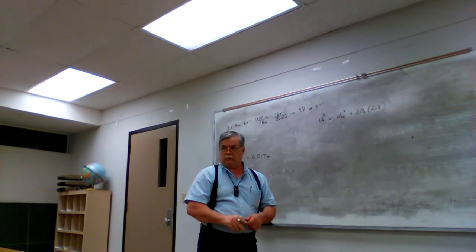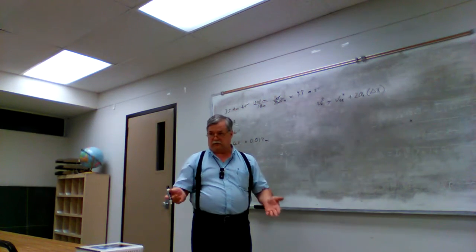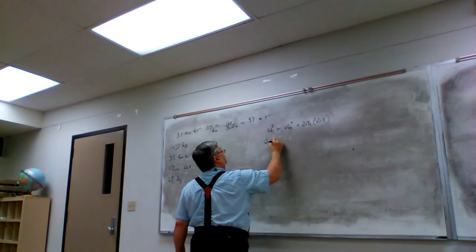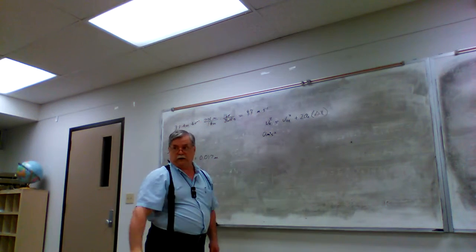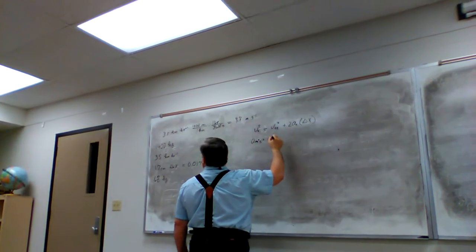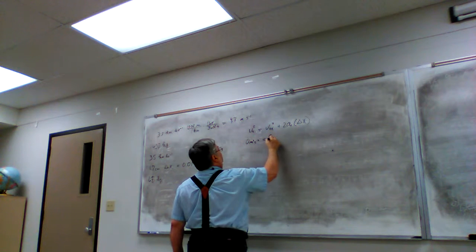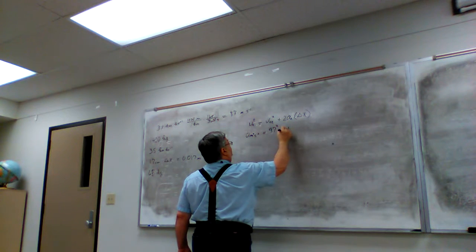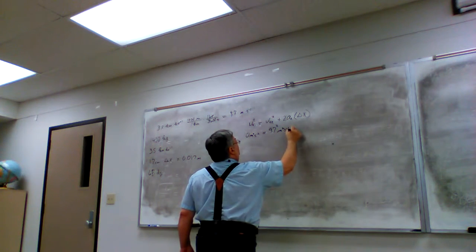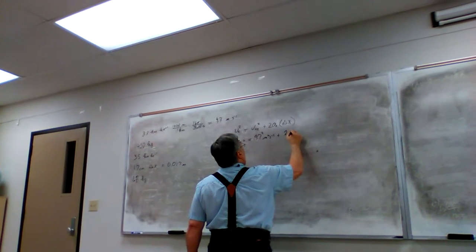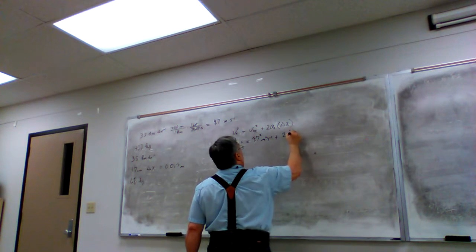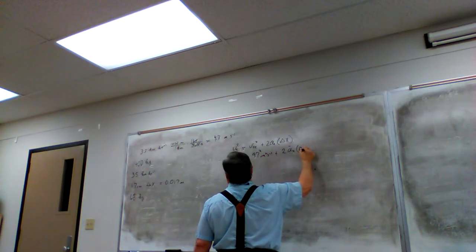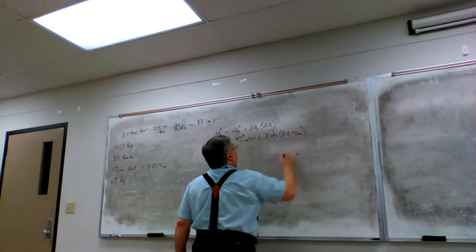Okay, what's our final velocity we're shooting for? 0. So we have 0 meters squared per second squared, because it's 0 squared, will be equal to 9.7 squared meters squared per second squared, plus 2 times a, that's what we're looking for, times 0.017 meters.